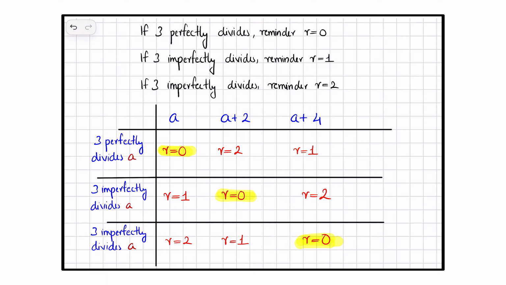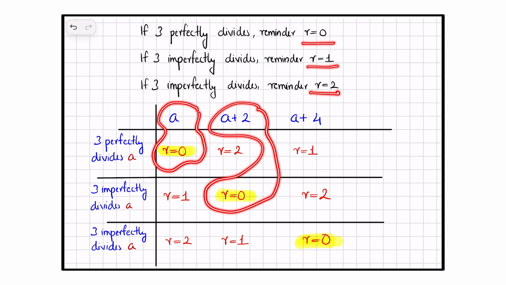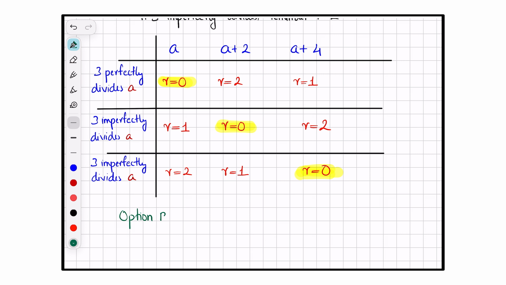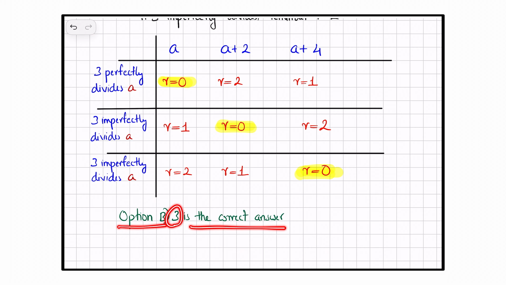Once more I will repeat, we checked all the 3 cases of having remainders 0, 1 and 2, and we see that in each case there is at least one number that is perfectly divisible by 3. So in all the cases we have a number that is perfectly divisible by 3. Therefore option B, 3, is the correct answer.